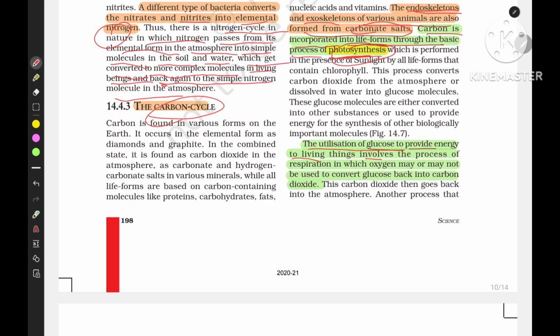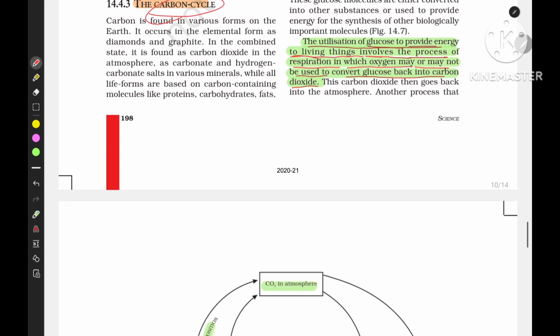The utilization of glucose to provide energy to living things involves the process of respiration, in which oxygen may or may not be used to convert the glucose back into carbon dioxide.